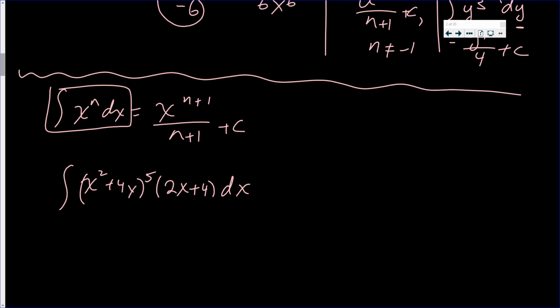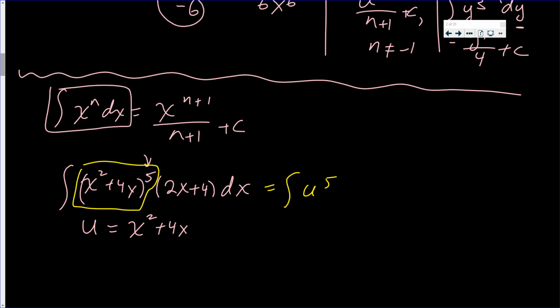Generally, not always, you should let u be what's being raised to the exponent. And I'm raising something to the 5th. So I let u equal x squared plus 4x. That means that this piece is going to become u to the 5th.